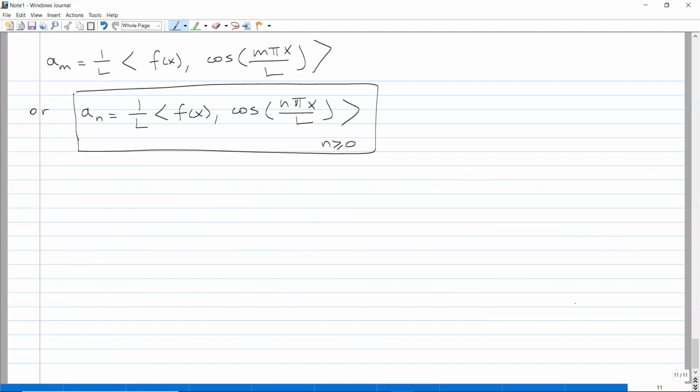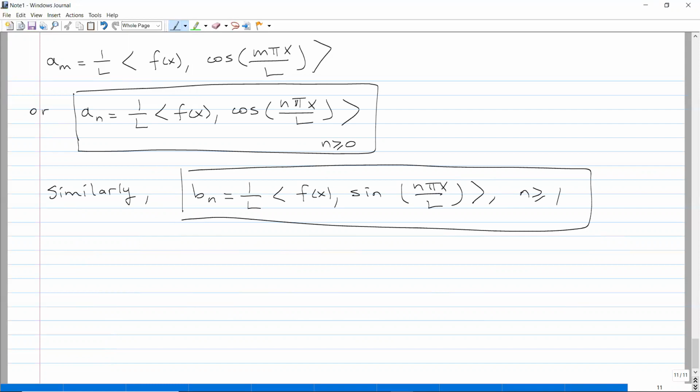Similarly, I'm not going to go through the same thing, but bn is going to be 1 over L times the inner product of f with sine n pi x over L for n greater than or equal to 1.